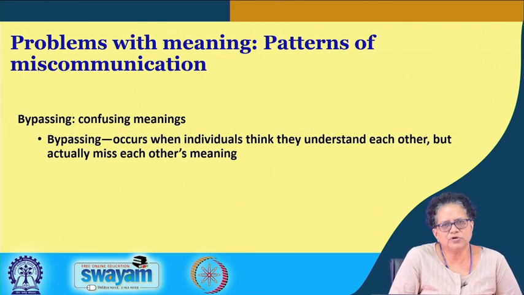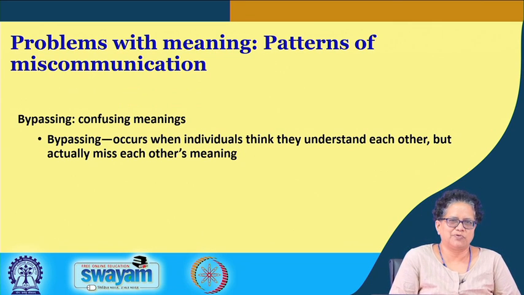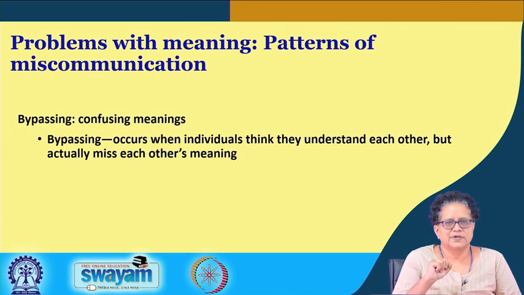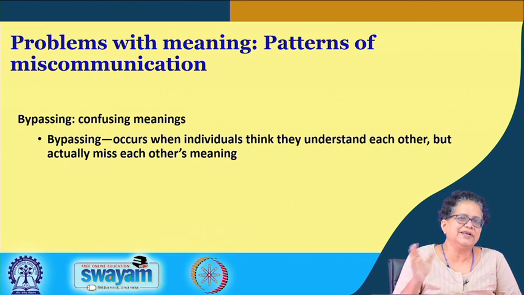Let us come to then what happens if we are not able to use language properly. You know the common term miscommunication. You see, research has proved that one word may have as many as 20 meanings. So, it is not certain that a word has only one meaning.